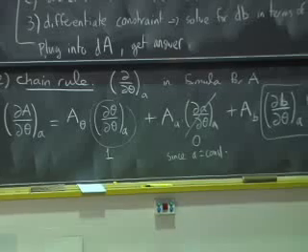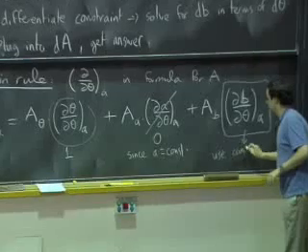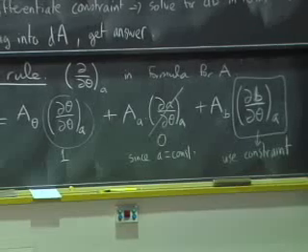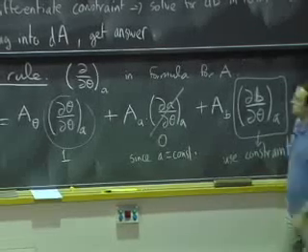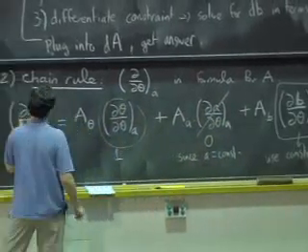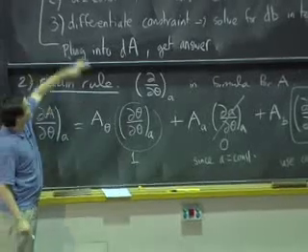And then there's A sub little b, the formal partial derivative, times the rate of change of b. Okay, and how do we find this one? Well, here we have to use the constraint. We can find this one from the constraint, as we've seen at the beginning, either by differentiating the constraint or by using the chain rule on the constraint. So, of course, the calculations are exactly the same.